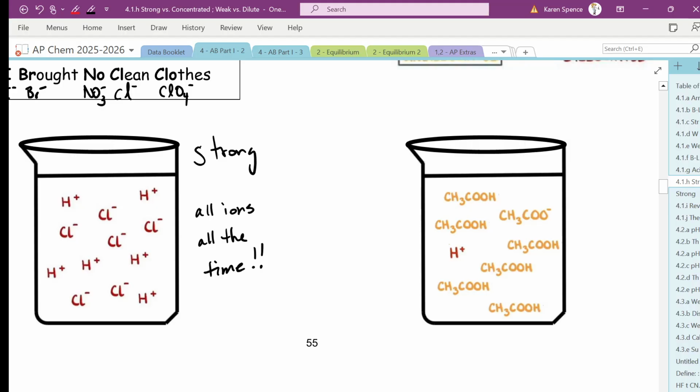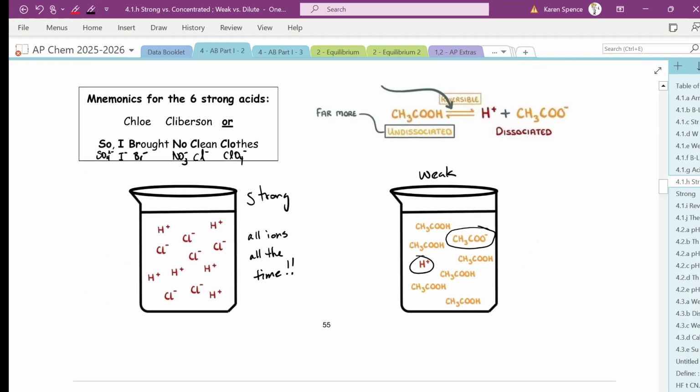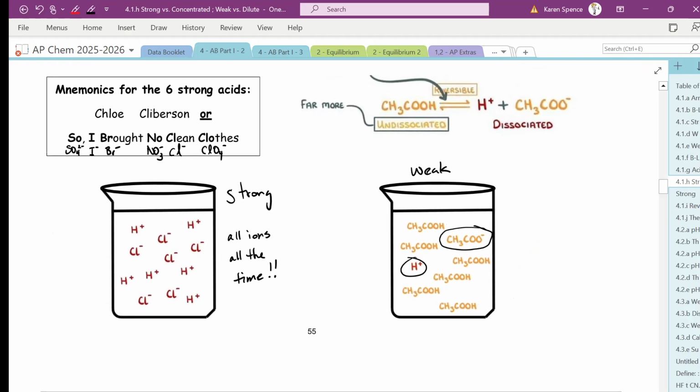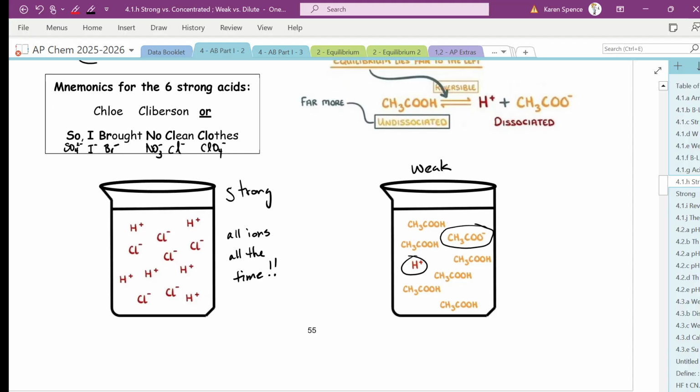And then we have our weak acid, which is only partially dissociated. Look at that. Very few ions comparatively. Okay, carrying on.